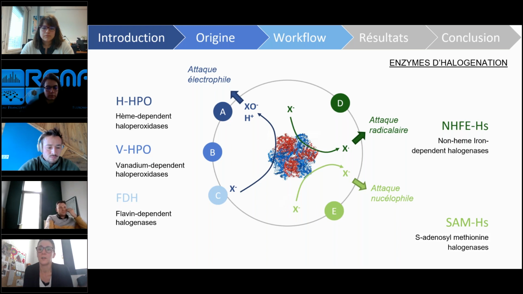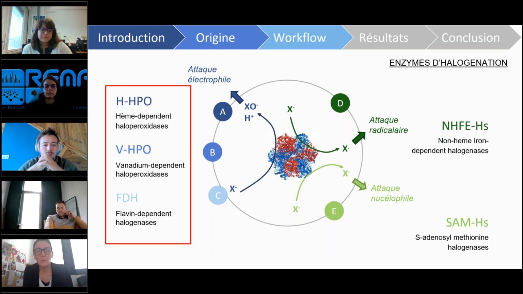Those three are able to make interesting halogenation on electron-rich substrates. And you also have two other mechanisms of halogenation that have been described in nature: a radical mechanism, with the non-heme iron-dependent halogenases, and nucleophilic attack, with S-adenosyl methionine halogenases.